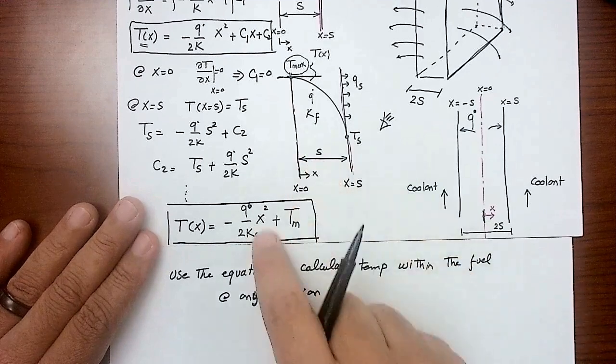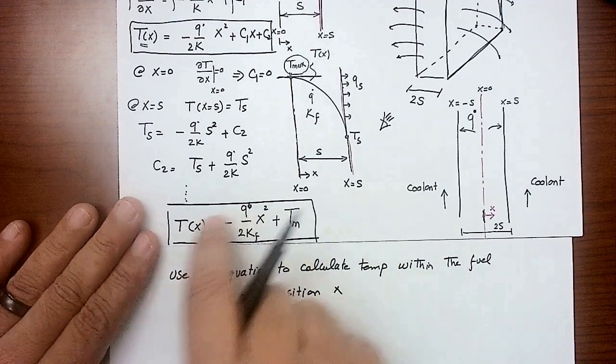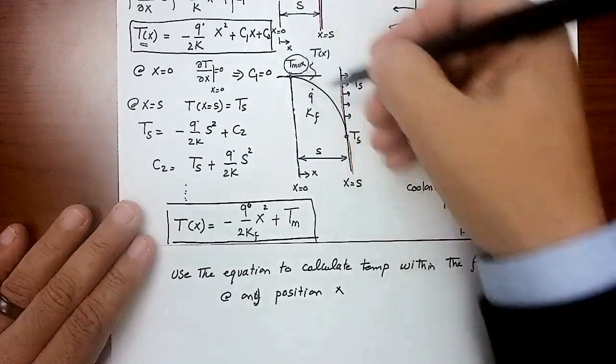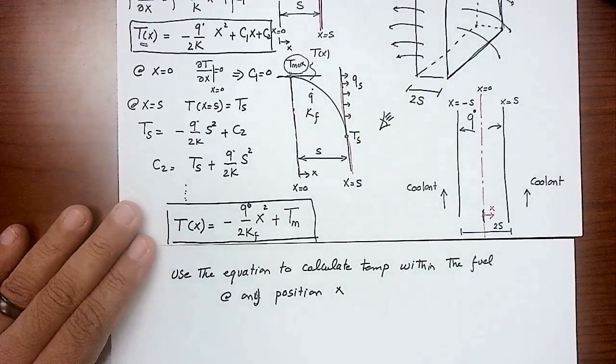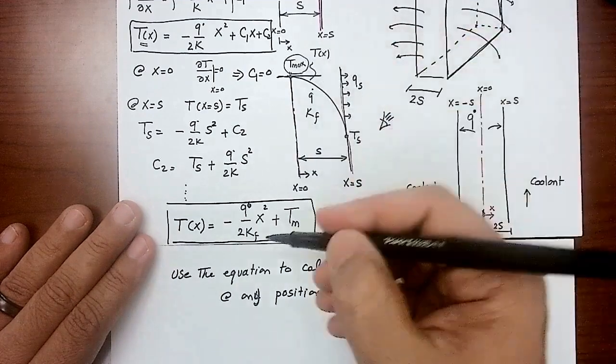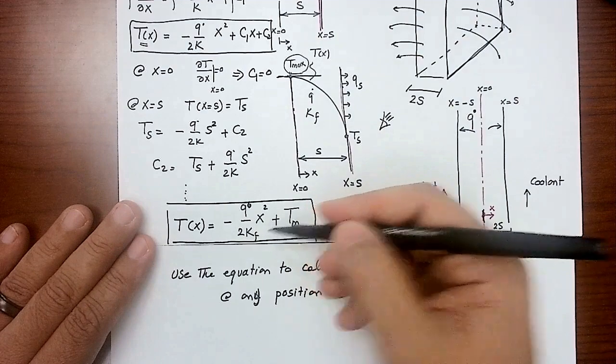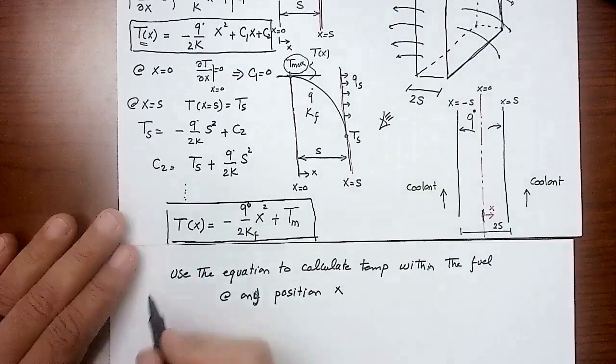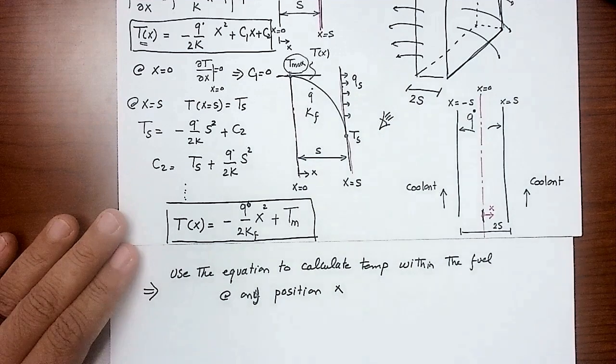You're simply going to take X equal 2 millimeter, you convert that into meter, you calculate the temperature distribution. So you can actually construct that profile. You can easily construct that profile by just dividing the fuel into multiple locations, substitute for X with different values. You're going to make a table, you can actually plot that one. So that's the first use of this equation.